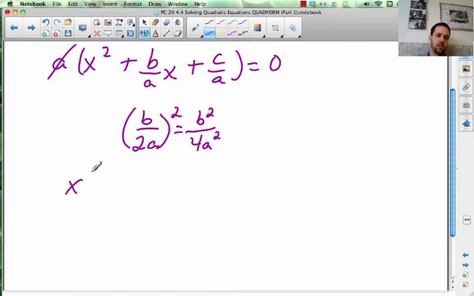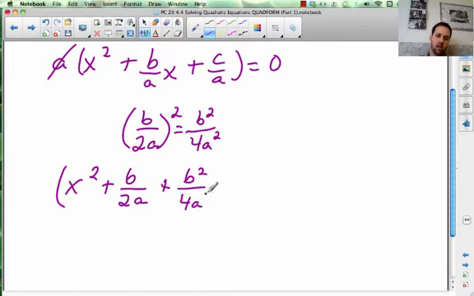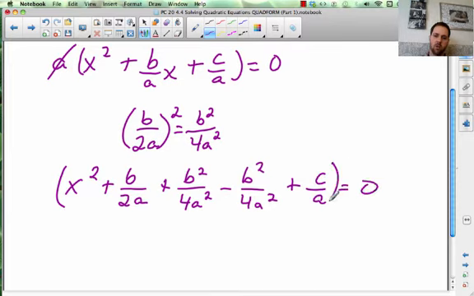So then we get x squared plus b over 2a was half the linear term, so b over 2a, and then plus b squared over 4a squared minus b squared over 4a squared plus c over a equals 0.